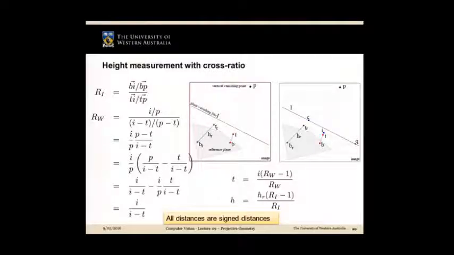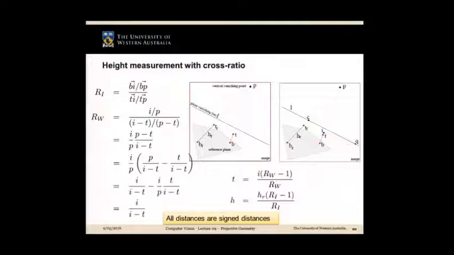And what is the value of B or BR here? It's 0, because it's on the reference plane, the ground plane, right? That's why in the real-world scenario you represent it as I divided by P, because B is 0. Now, how about TI and TP? These values can be written as (I minus T) divided by (P minus T).